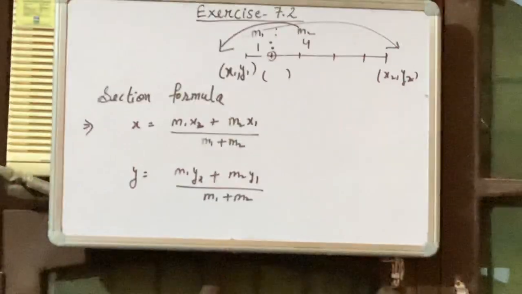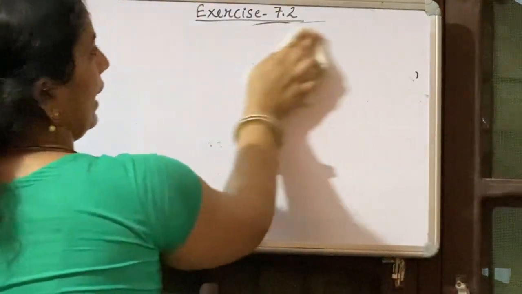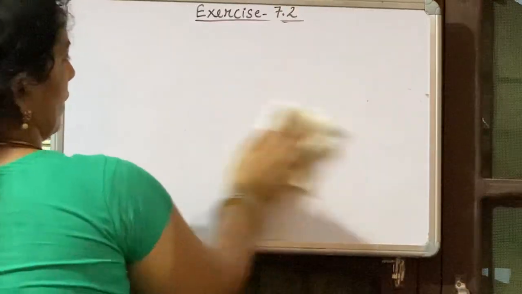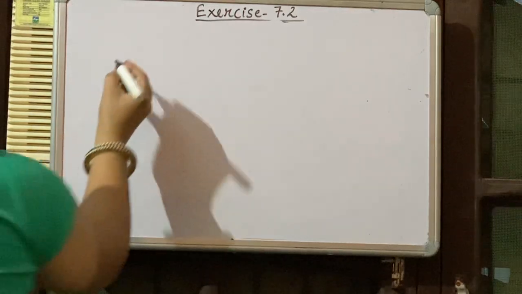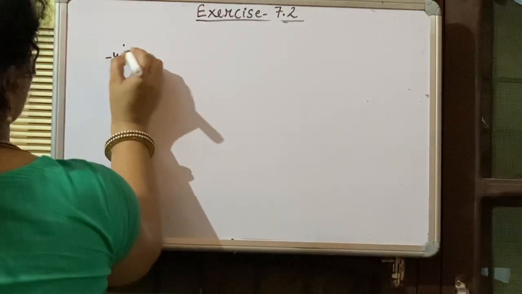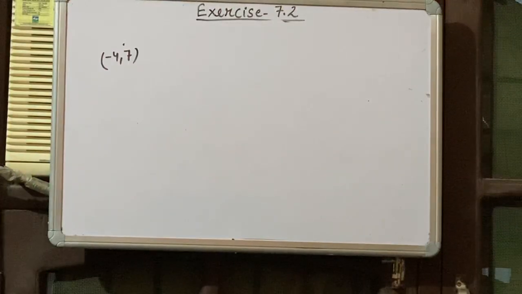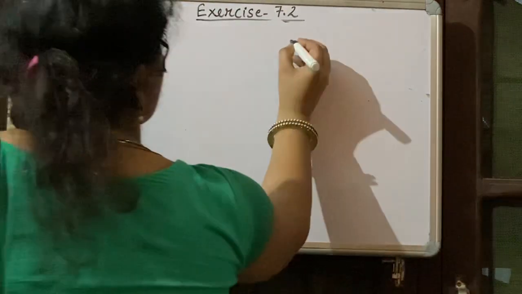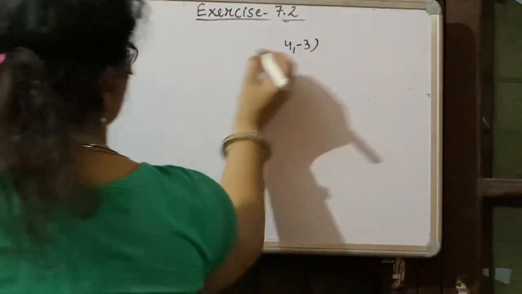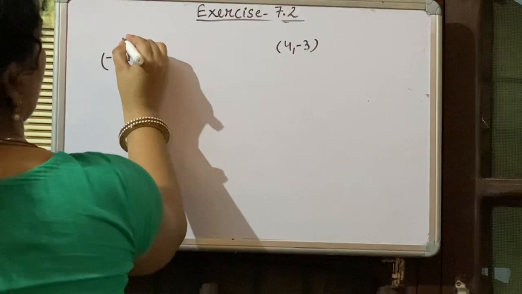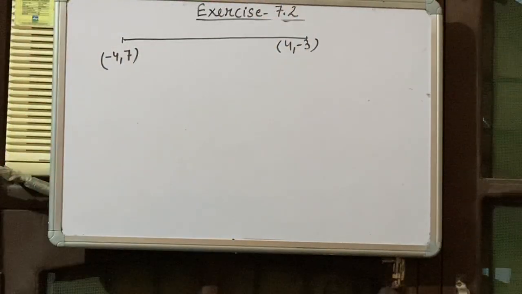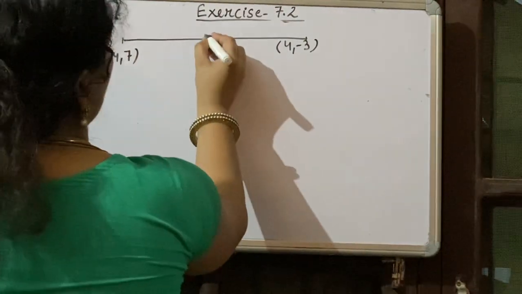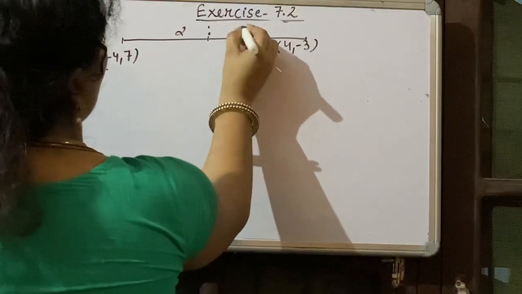In the first question, you are given 2 points and a ratio. The points are 4, minus 7, and the second point is minus 4, 7. Wait: the points are (4, -7) and (-4, 7)... A line segment is formed by joining these points, and a point divides this line segment in ratio 2 ratio 3.